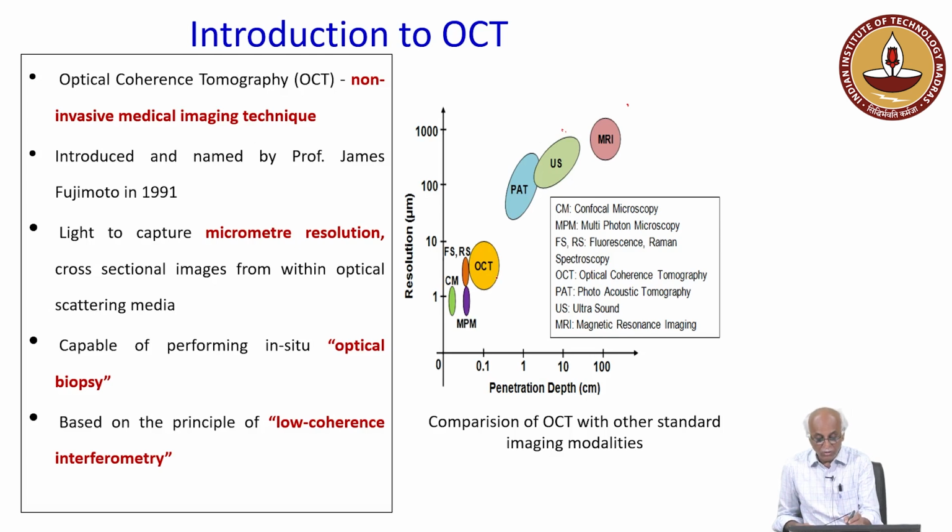Now, optical coherence tomography, here the x axis is penetration depth. What is the meaning of penetration depth? The penetration depth, in our case, of light, an electromagnetic wave, is comparatively lesser as compared to MRI or ultrasound, PET or even CT scan.